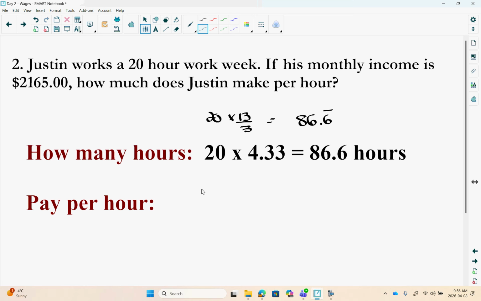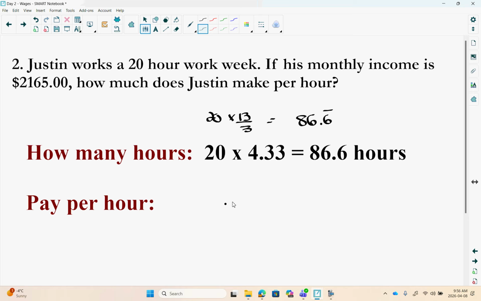Now, how would I figure out his pay per hour? How much money did he make for the month? Can you see how much money he made in the month? $2,165. Thank you very much. And if I want to change that into an hourly rate, I'm going to divide it by 86.6, or 260 over 3.